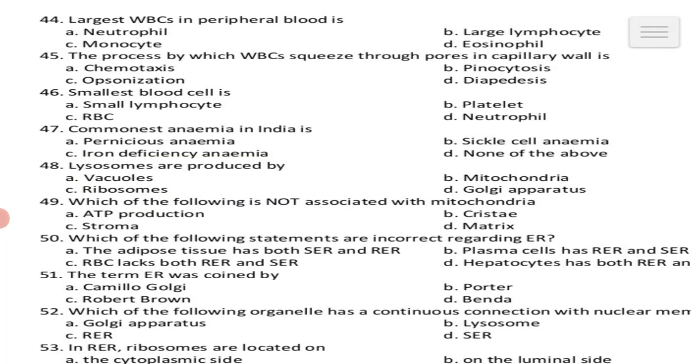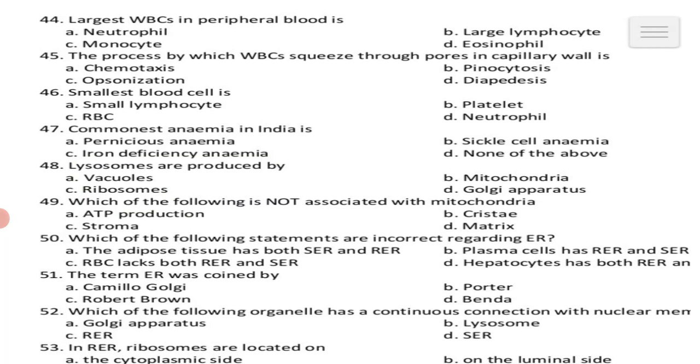Other options like opsonization, it is a process by which opsonins bind to the surface of an antigen so that the antigen will be readily identified and engulfed by phagocytes for their destruction. Pinocytosis means to drink.